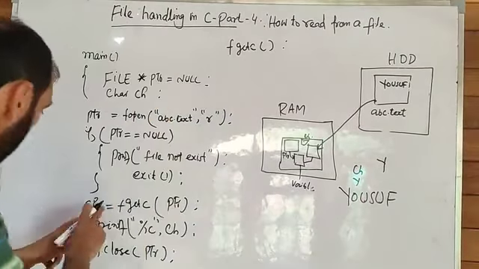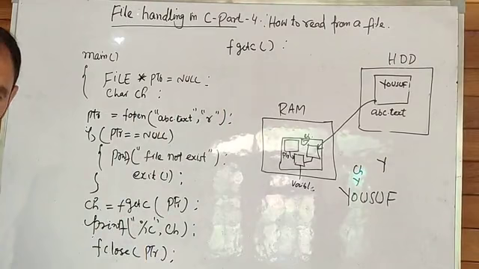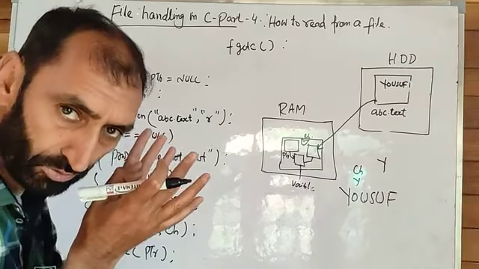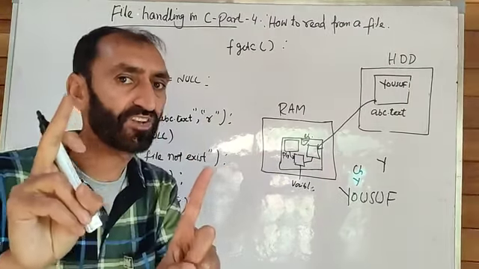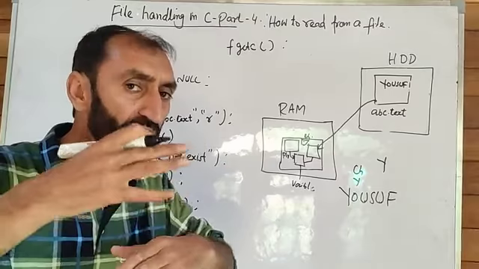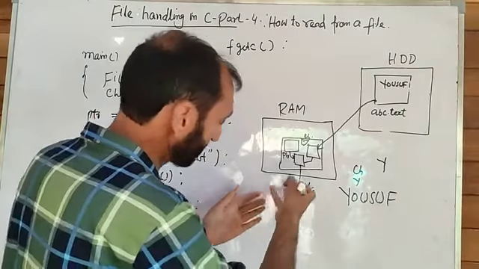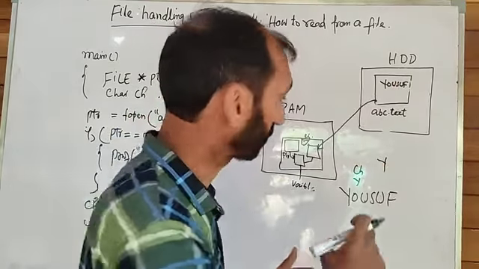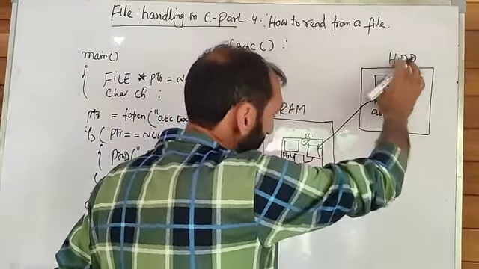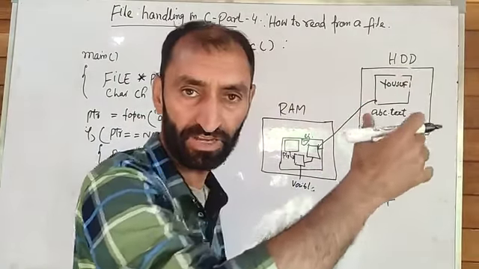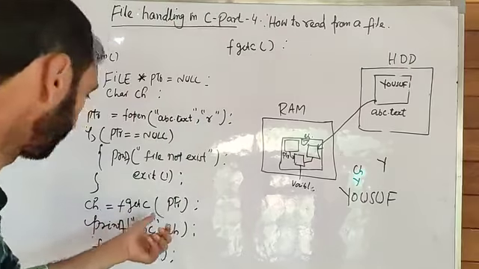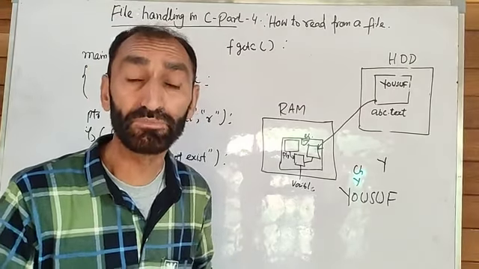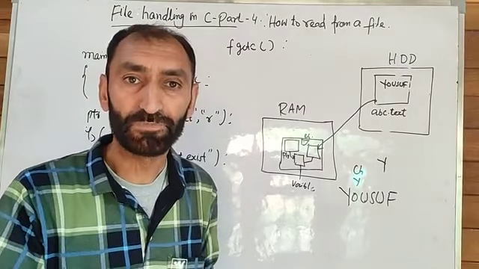By using this fgetc function. I have told you that the fgetc function is used to read a single character from the file. In this case, it obviously returns the first character, that is y. If we want to read all the characters from the file by using fgetc, obviously we have to make use of loops.